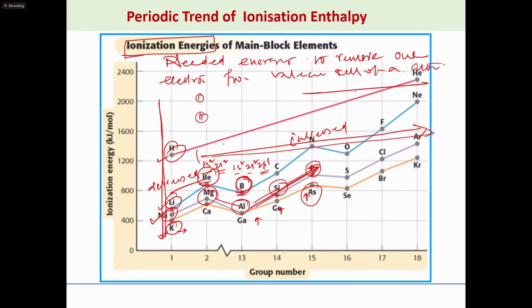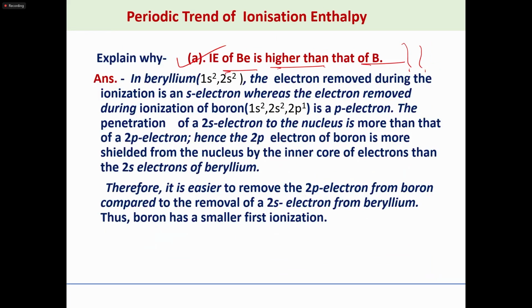The second reason is that the s orbital has more penetration power than the p orbital. This is written here, the electronic configuration for boron and for beryllium. The penetration of the s orbital to the nucleus is more than that of the p orbital.